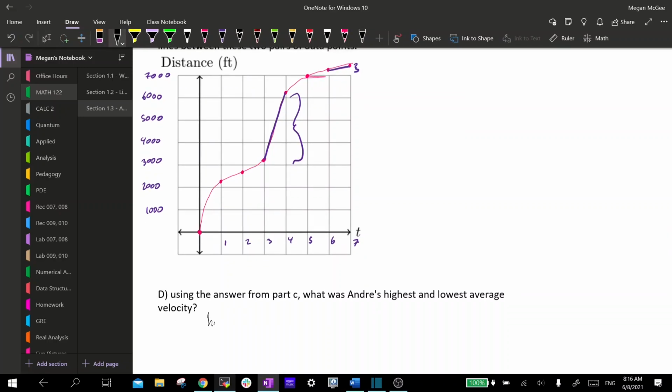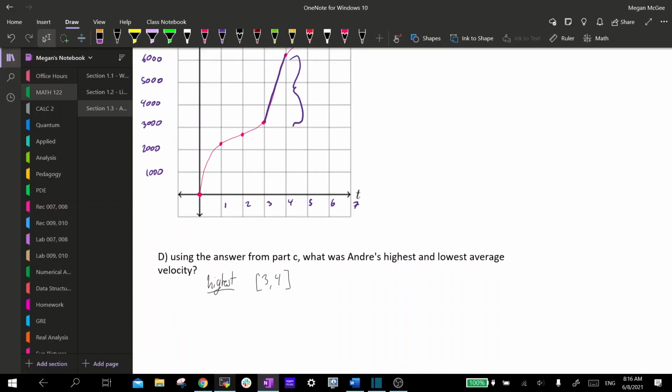All right, so highest, we said, was between 3 and 4. And so we need our 6,200 minus 3,300 over 4 minus 3. And that gives us that he was traveling at a speed of 2,900 feet per minute.